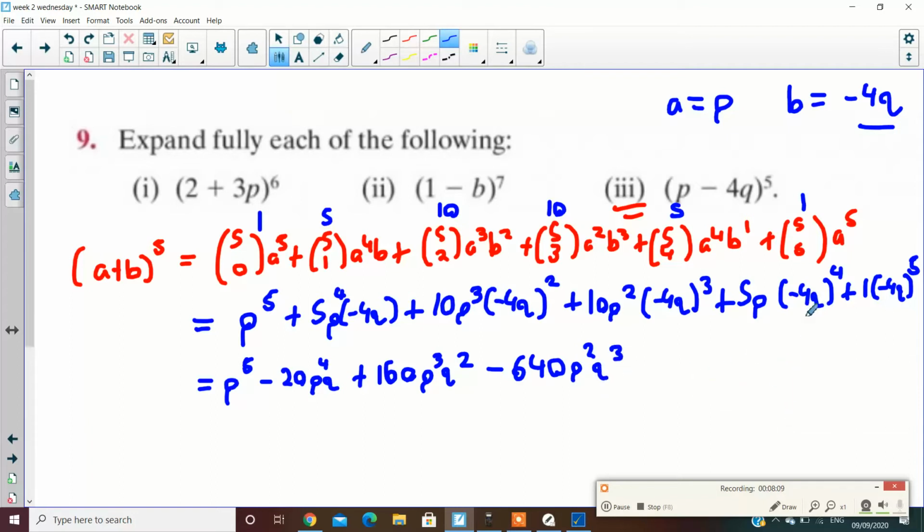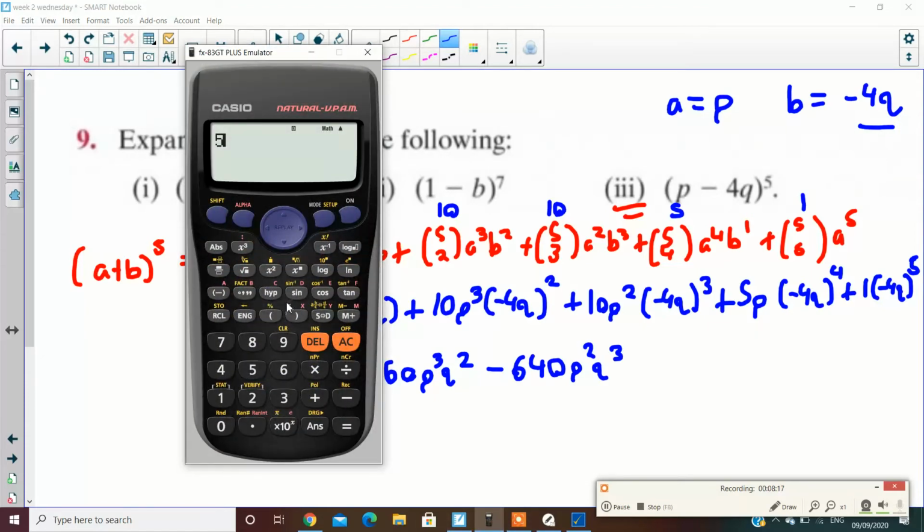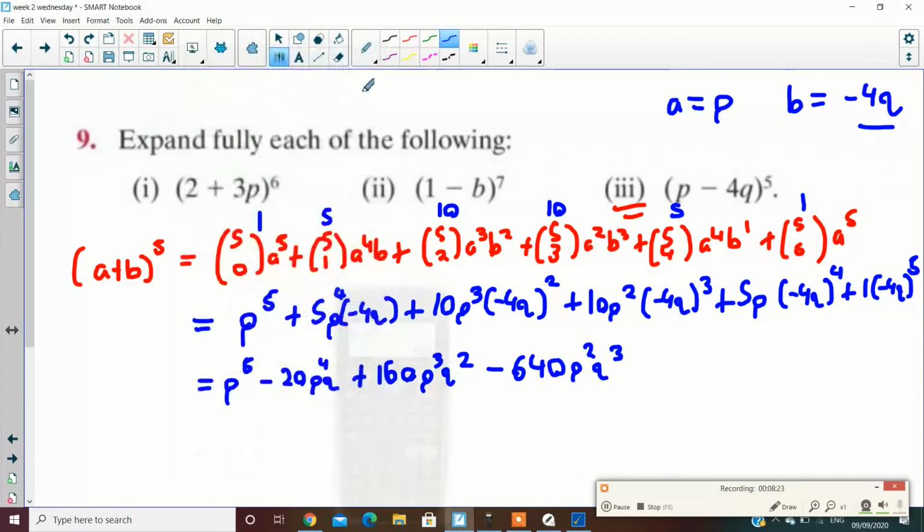Minus 4 by minus 4 by minus 4 by yet another minus 4. 256 times 5. Or simply 5 times minus 4 to the power of 4. 1280. It's going to be a plus. p q^4. And finally the last one.